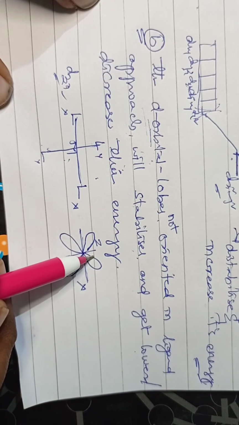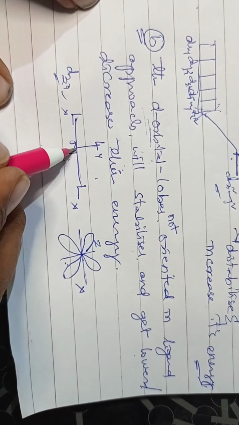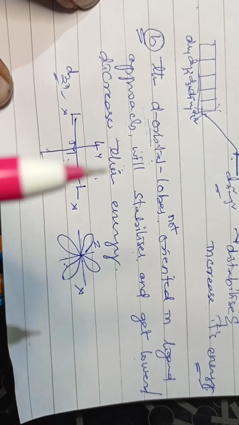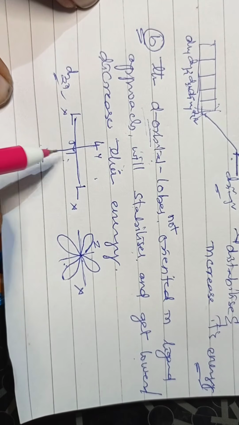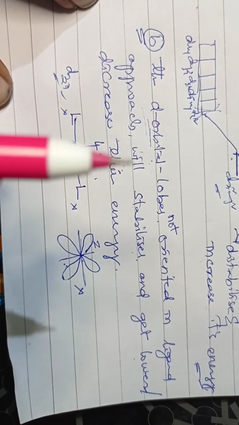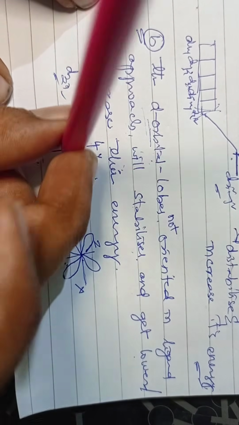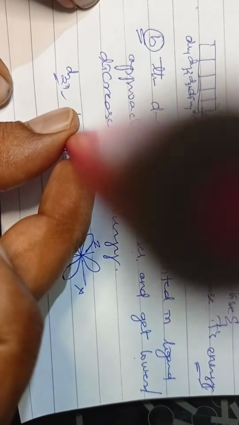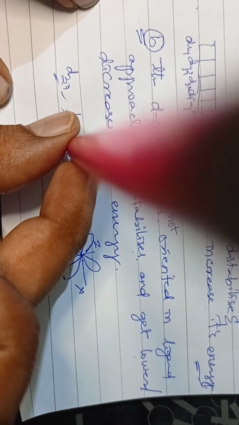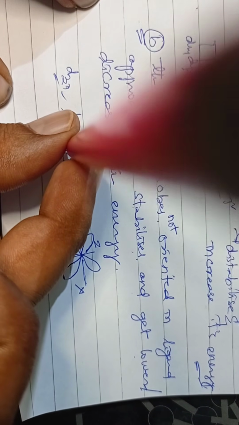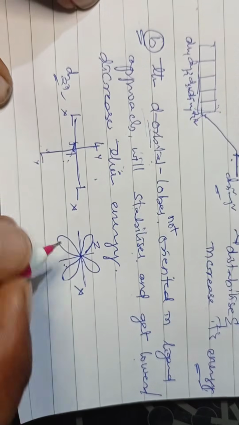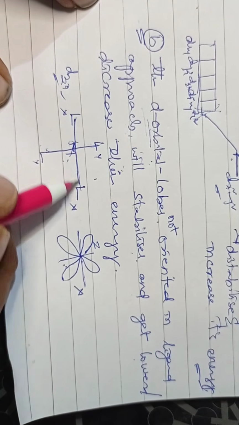The z-axis is along upward and downward, right? This is the way the z-axis will be. So now this is the z-axis and this is the x-axis.